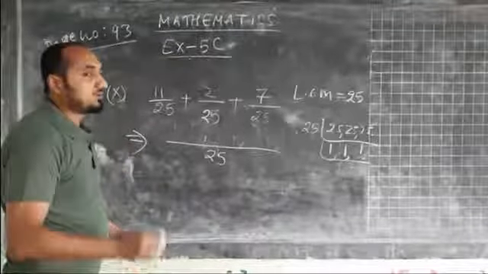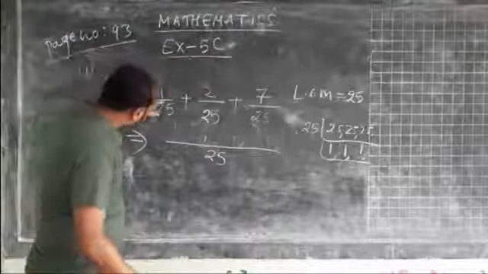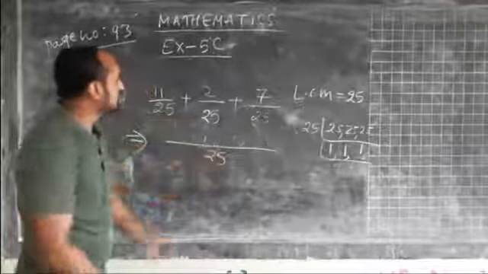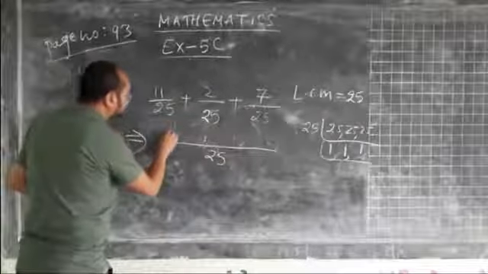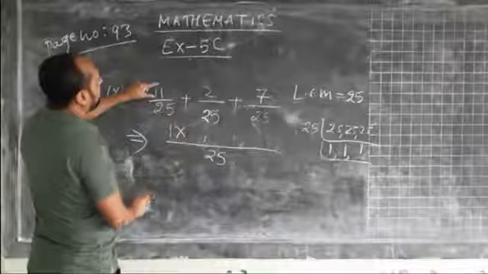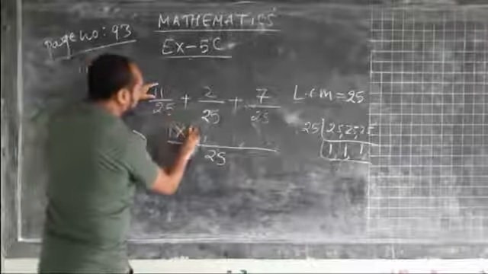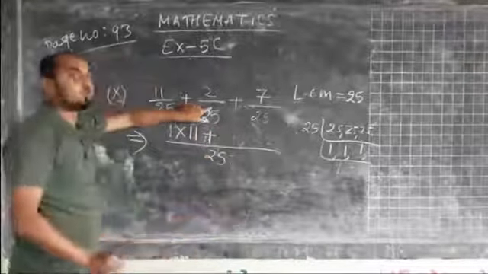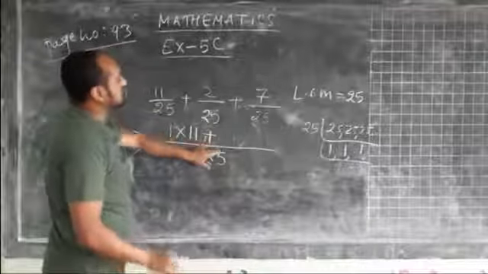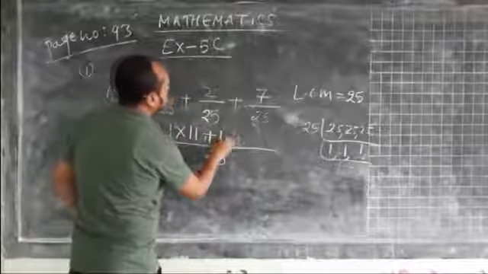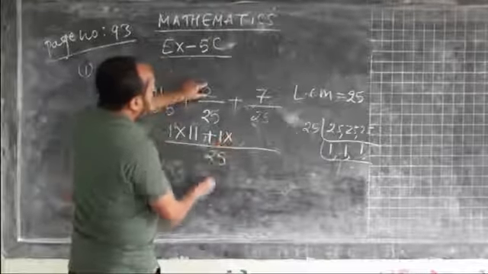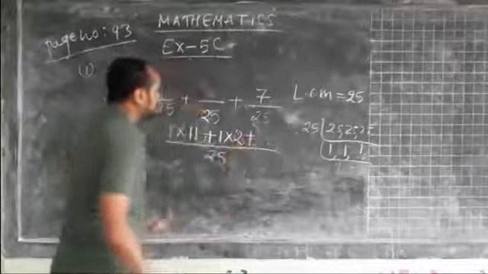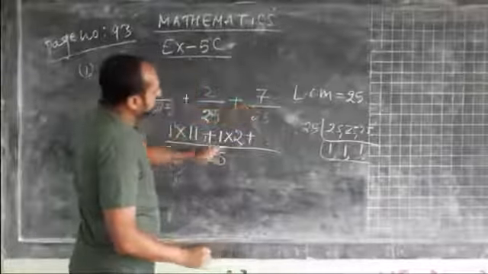Now again what we have to do? We have to divide this 25 by this 25, that is our LCM. So when we divide this, 25 ones are 25 into whatever we have in the numerator, we will write here 11 plus. Again, we will divide this 25 by this LCM 25. So 25 ones are 25 into 2 in the numerator plus. Next, again we will divide this 25 by 25.